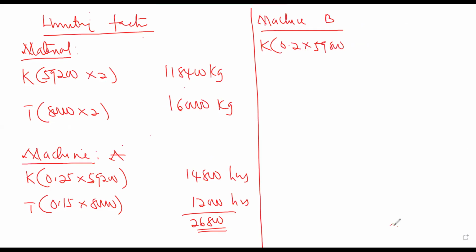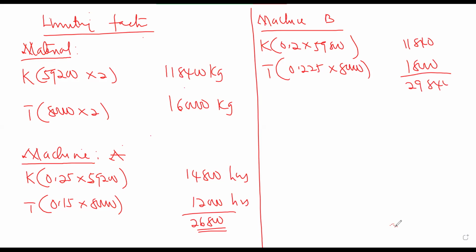Then we come to the second one. 0.225 multiplied by 80,000 units. That will be 18,000. How many hours are there? 29,840. Is that correct? Yes, please.